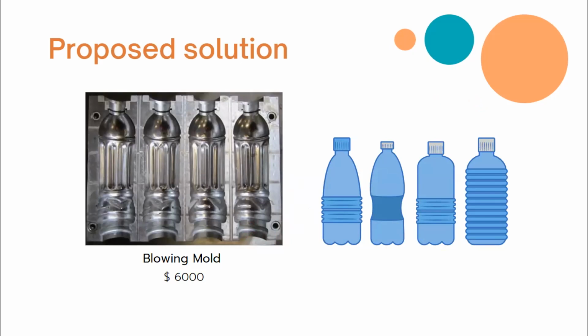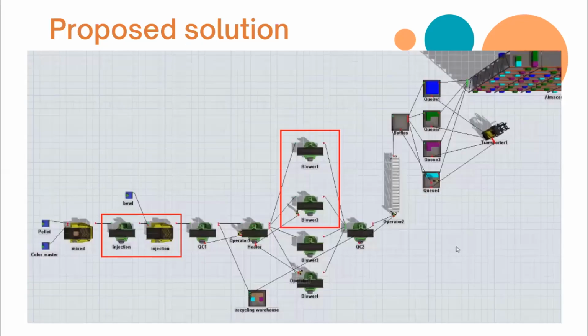For the implementation, we consider this machine with the mold, and based on its capacity, we have 12 cavities, or 12 preforms. Next, here we have the implementation. We have the injection machine with the specific characteristics, and the two more blower machines with their respective molds.